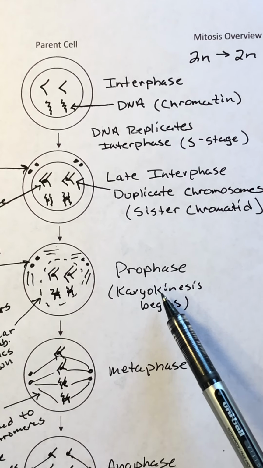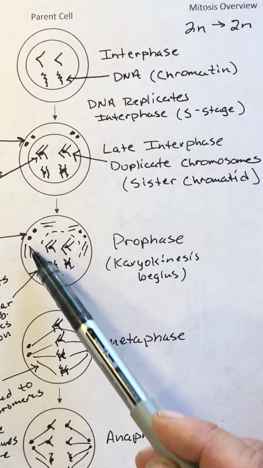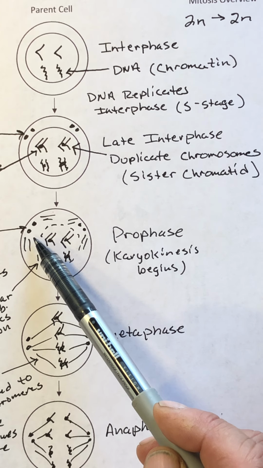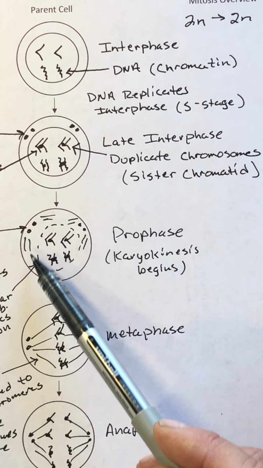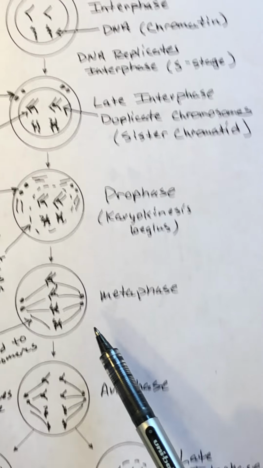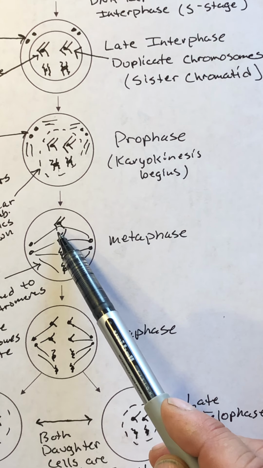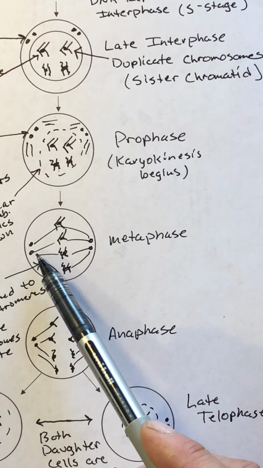From interphase, we move into prophase. The nuclear membrane starts to break down. You get the formation of the spindle fibers associated with the centriole pairs. They're going to attach to the centromere. By metaphase, the nuclear membrane is completely gone. The spindle fibers have attached to the centromeres.